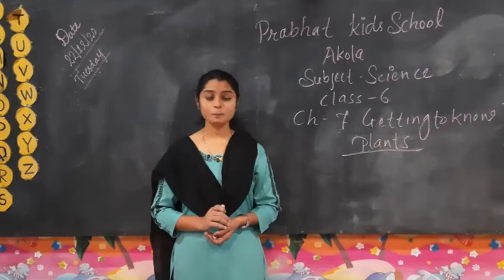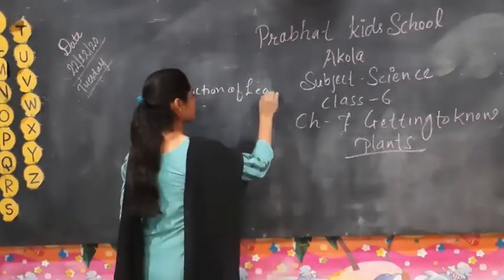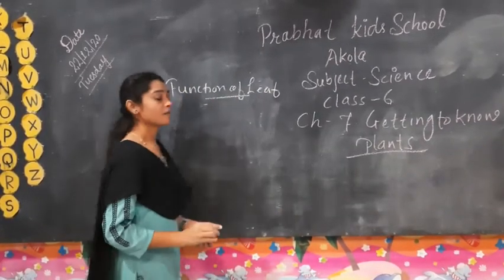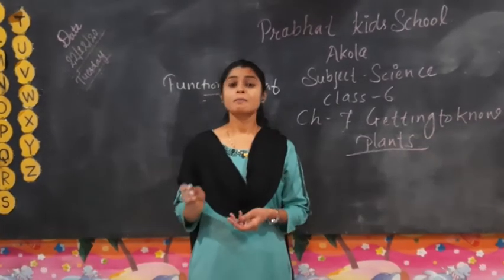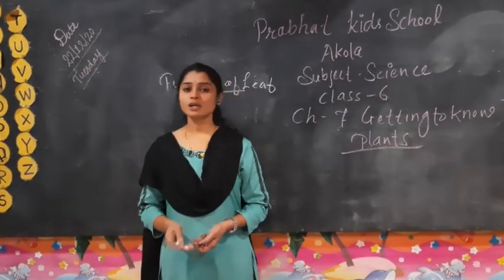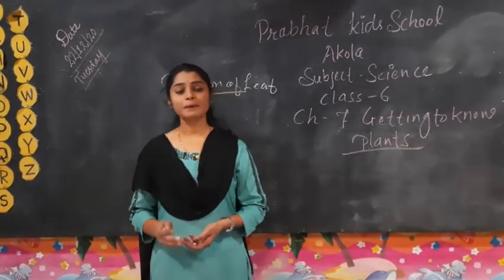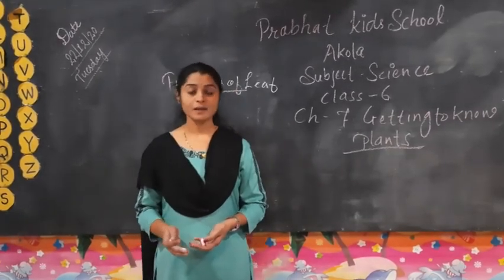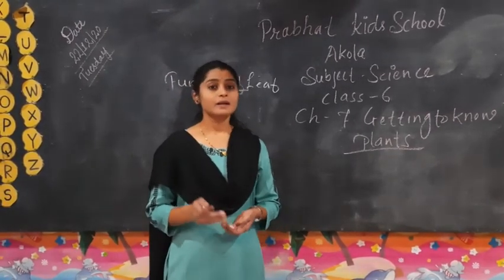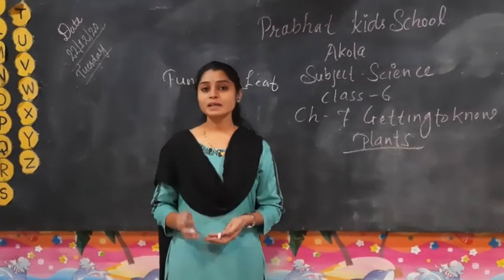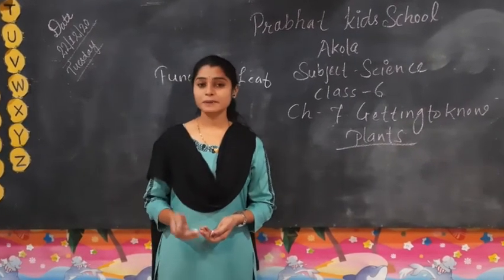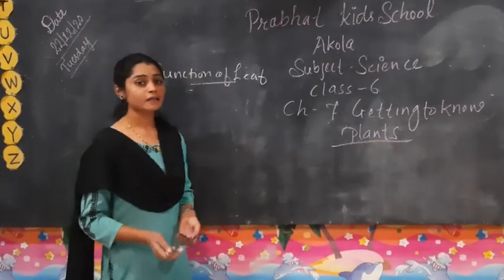Now come to the next topic, function of leaf. So what is the function of leaf? The main function of leaf is manufacturing of food. We all know that plants prepare their own food material, in the presence of chlorophyll and sunlight.